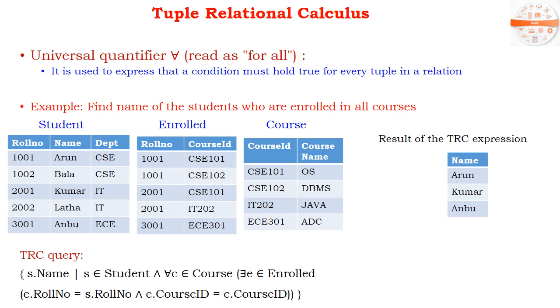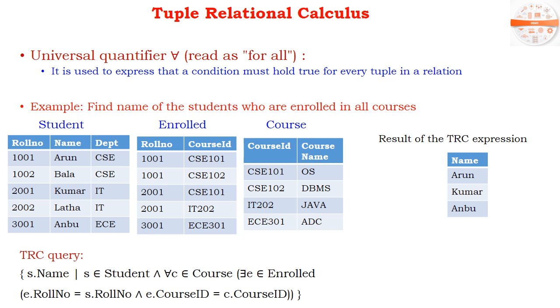For example, roll number 1001 matches the enrolled table, and the student enrolled in two courses, CSE 101 and CSE 102, which match the course. So here CSE 101 is OS and CSE 102 is DBMS. Bala is not matched here because Bala's roll number is 1002. It is not matched with enrolled.